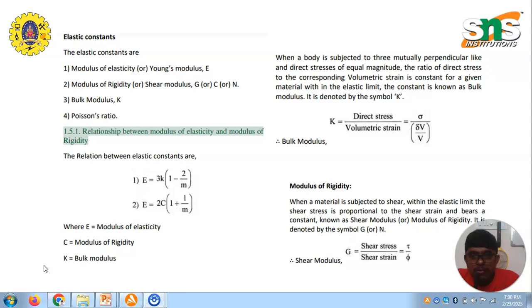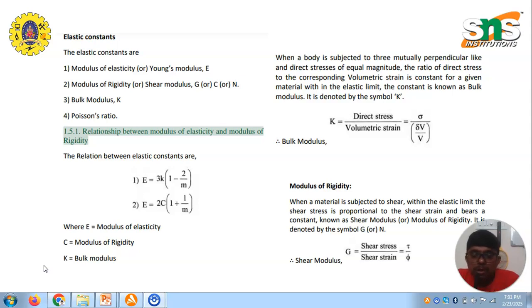When a body is subjected to three mutually perpendicular like and direct stresses of equal magnitude, the ratio of the direct stress to the corresponding volumetric strain is constant.